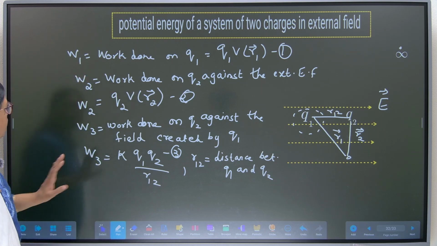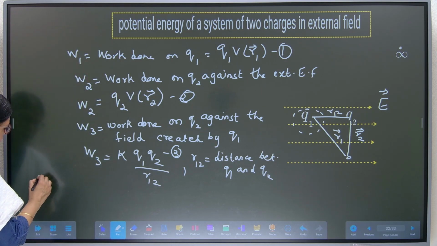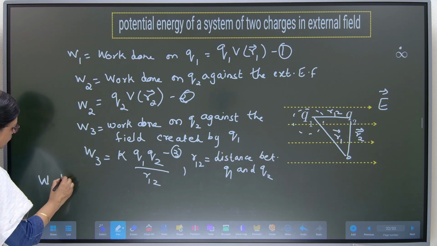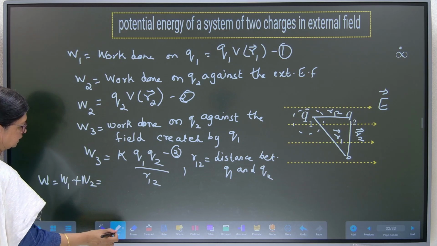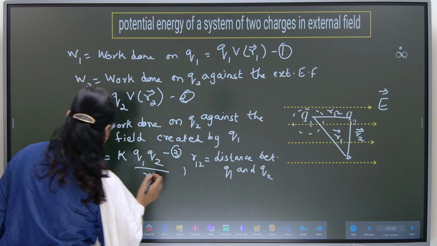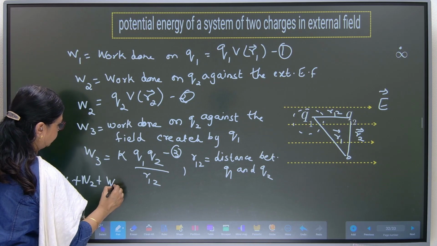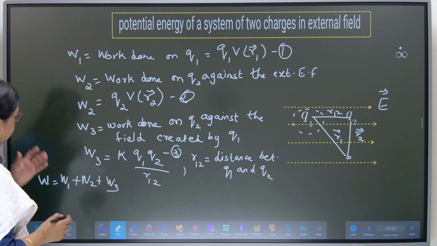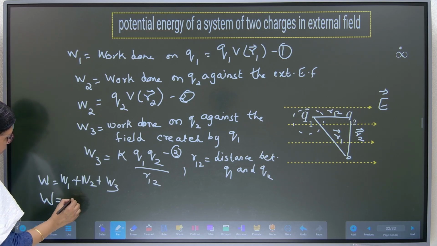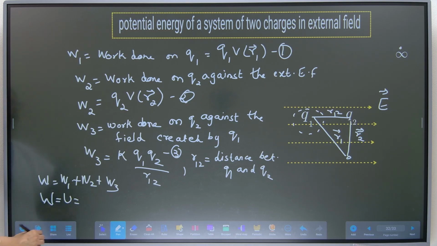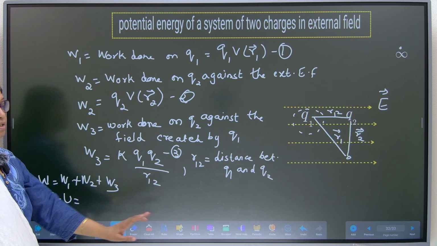So the total work done W is equal to W1 plus W2 plus W3, which is equal to U, the potential energy of the system.